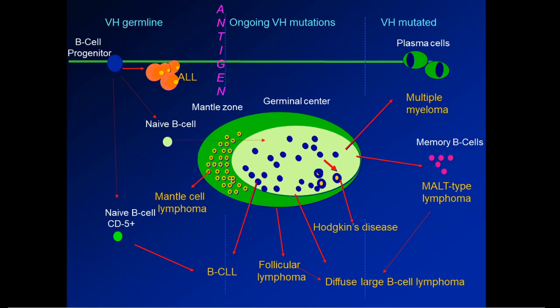What does it mean? A patient has an enlarged lymph node in the neck. The physician takes a biopsy, and the pathologist makes a diagnosis, let it be follicular lymphoma.